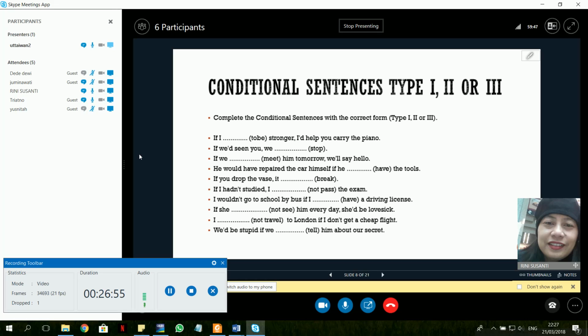It means I would. So if the sentence uses I would, it goes to conditional type 2. So it must be, if I were stronger, I'd help you carry the piano. That's the sentence. Next, number 2.